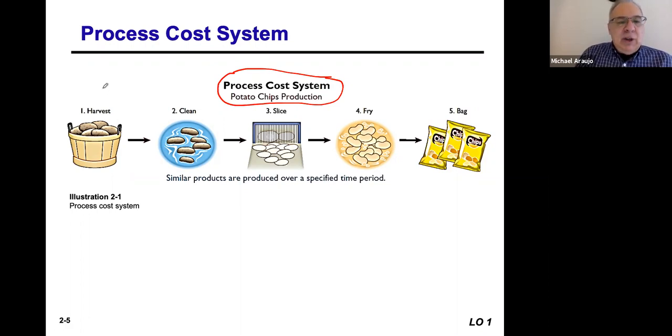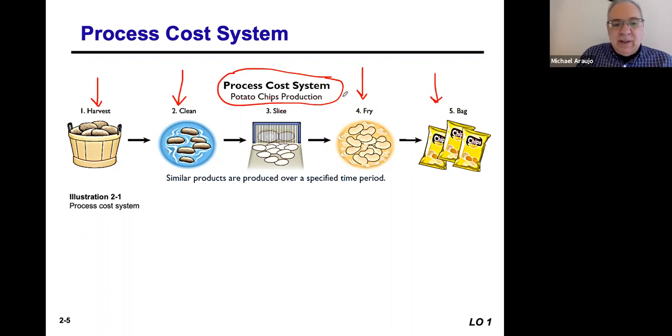Okay, so you start with your raw materials and the processes in which to get that ready, including cleaning and slicing. Then they go through the system where they're cooked in oil. They're dried and they are bagged.